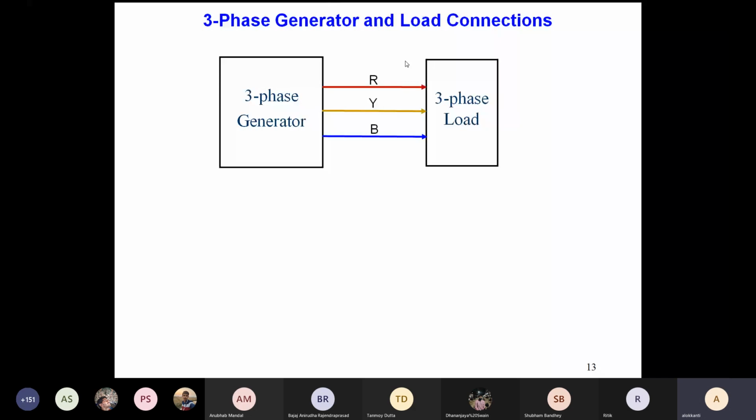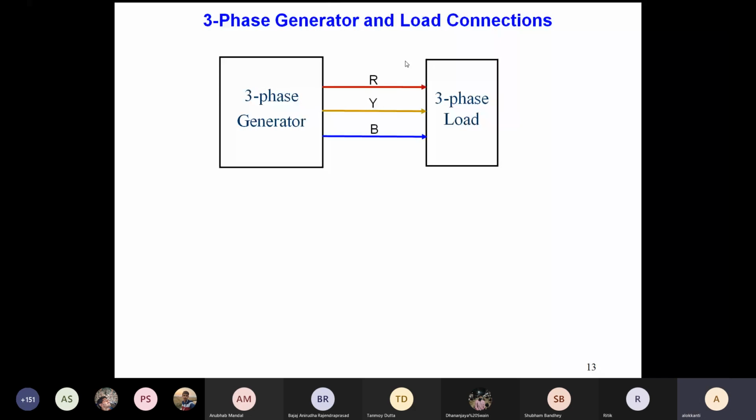If there are three elements, they can be configured in different configurations, whether it can be in star or in a delta. Similarly, that three phase load, as we showed in the previous slide, are basically three impedances. So they also can be connected in the form of star or delta.